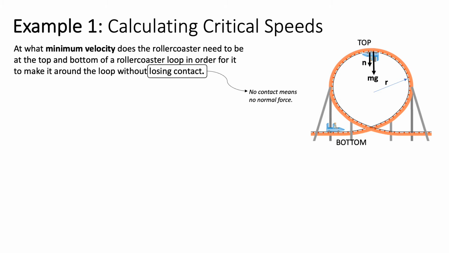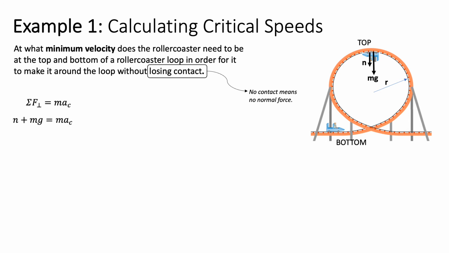So basically, I'm going to refer back to the free body diagram that I drew earlier and use Newton's second law. Now, Newton's second law in this particular case is the centripetal version of it. So I'm doing perpendicular centripetal forces and centripetal acceleration.